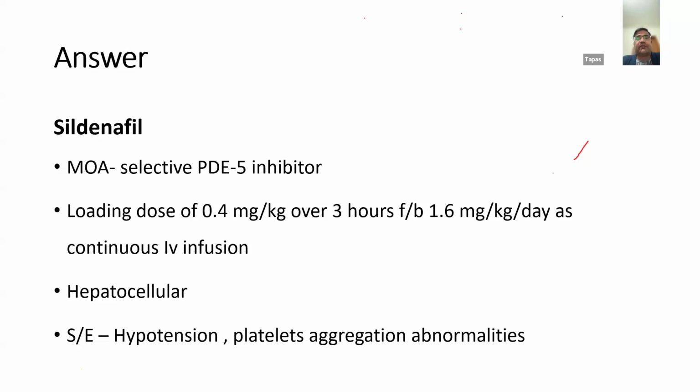By that it maintains the level of cyclic GMP and causes vasodilatation. It can act as an additive response to your INO also. INO is increasing your cyclic GMP, but sildenafil is inhibiting its breakdown.